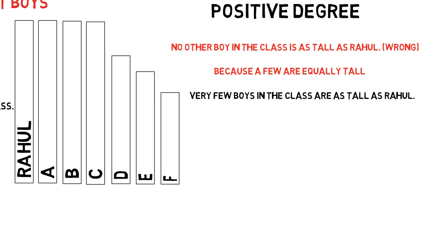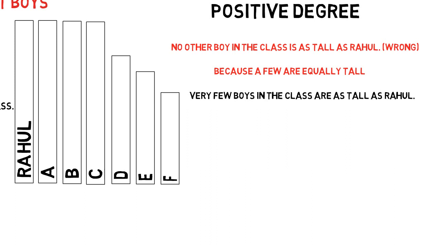So here, what is the major difference between the first example and this example? In superlative degree, Rahul is the tallest boy, but here it is Rahul is one of the tallest boys in the class. In the comparative degree, Rahul is taller than any other boy in the class, but here it is Rahul is taller than most other boys in the class.